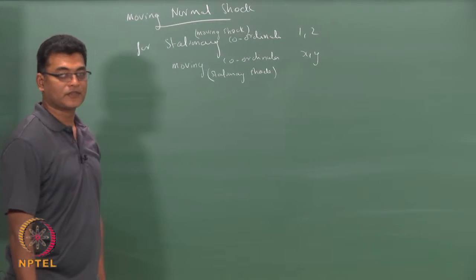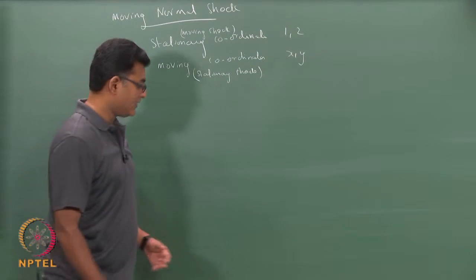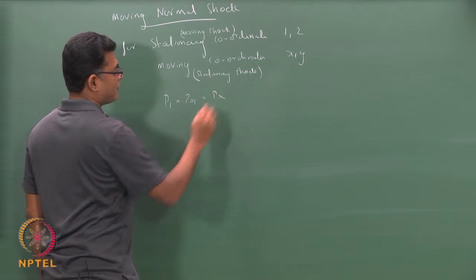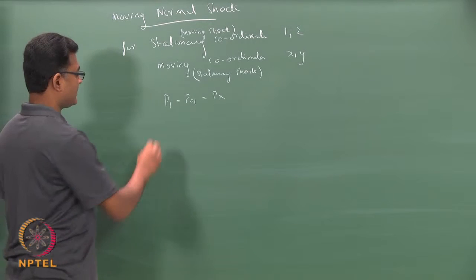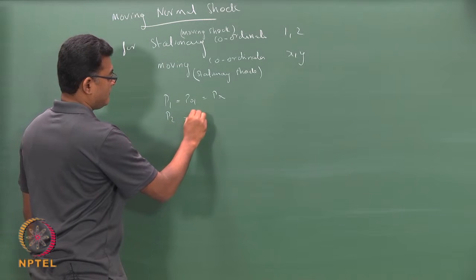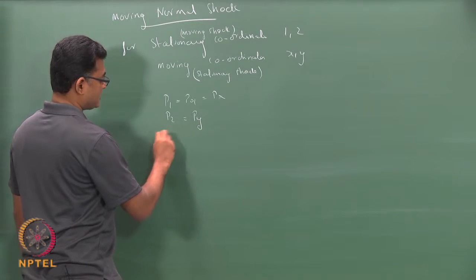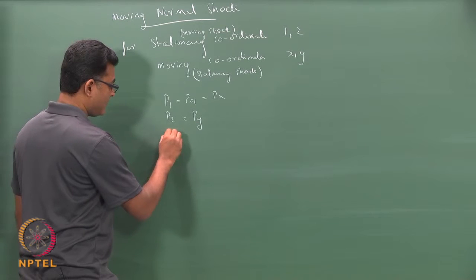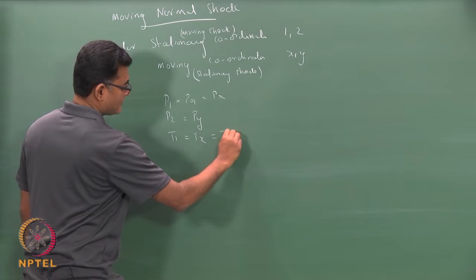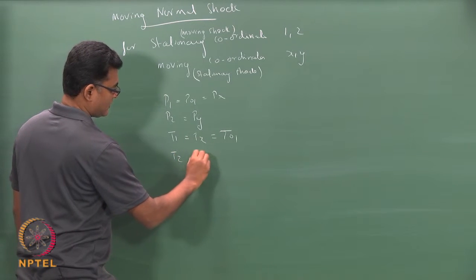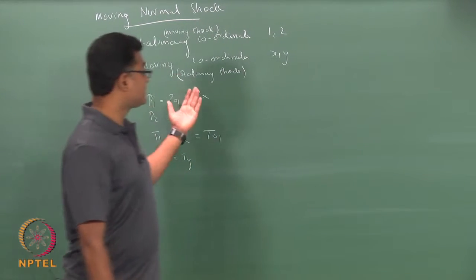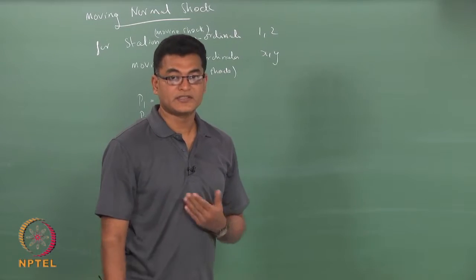So we have seen how the static quantities are same for your moving as well as stationary coordinates, because static quantities are measured while traveling along with the fluid. And hence the static quantities in stationary coordinates as well as your moving coordinates are the same.